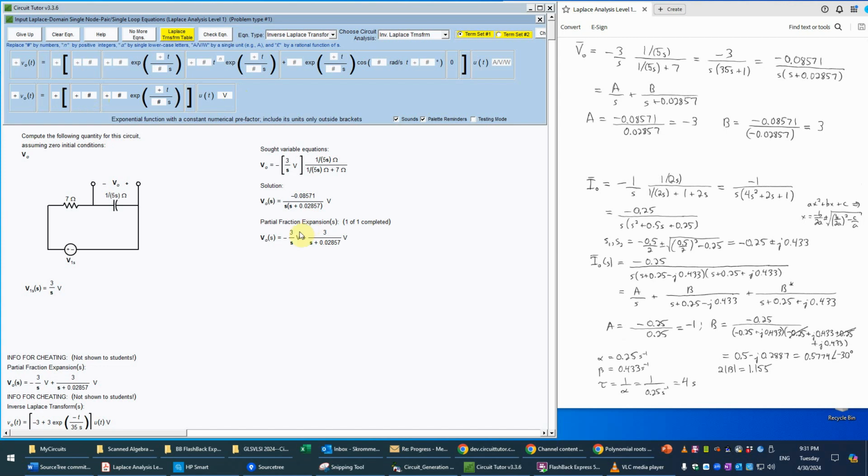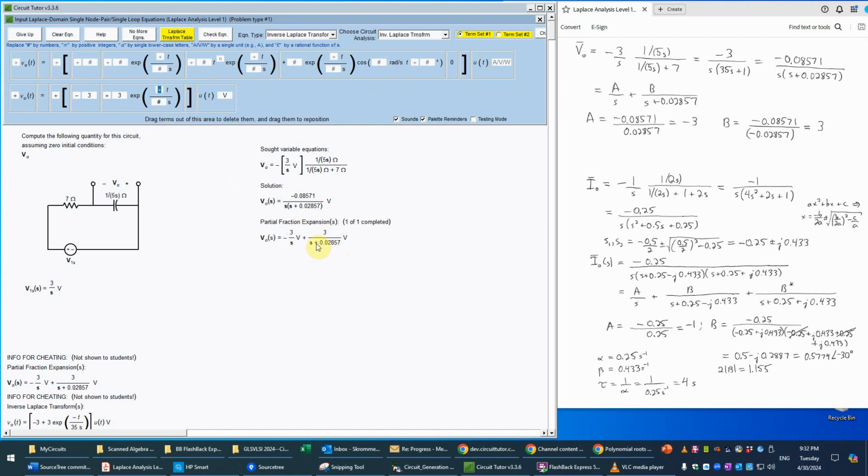And now we just fill in the values here. So the constant is going to be -3 times the u of t, which is factored out. And then here we're going to have the coefficient of +3. And then the exponential, of course, should always be a decaying exponential, since this is basically like something over s plus a.